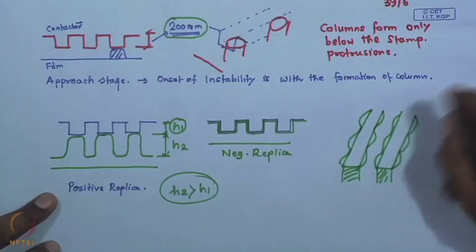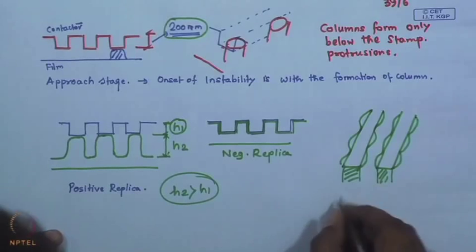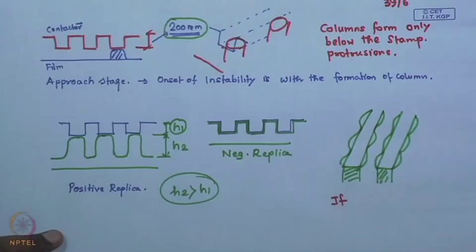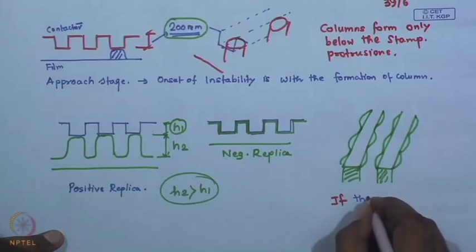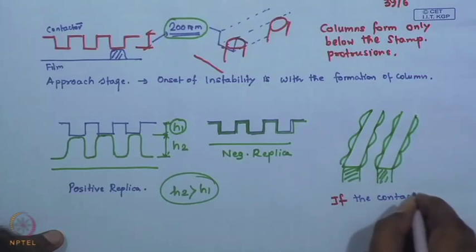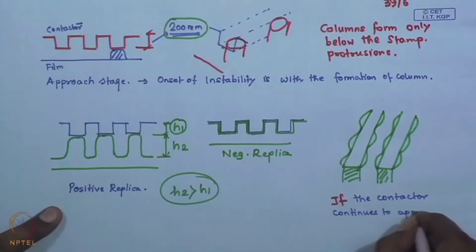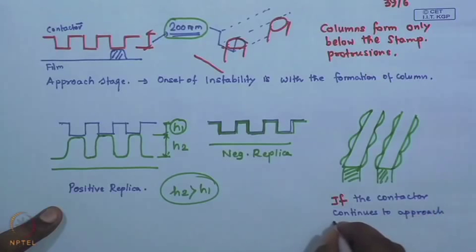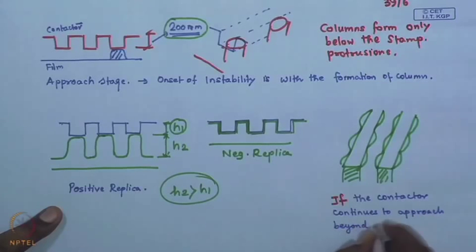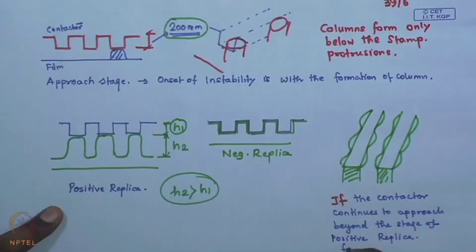And this happens only if the contactor continues to approach beyond the stage of positive replica formation.